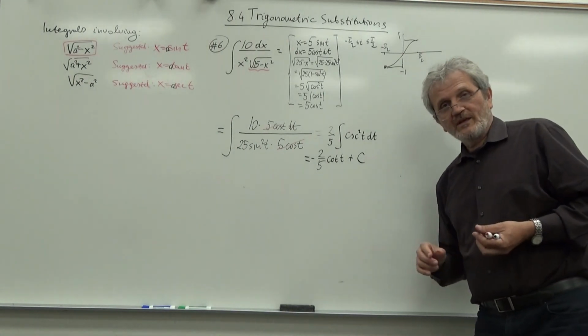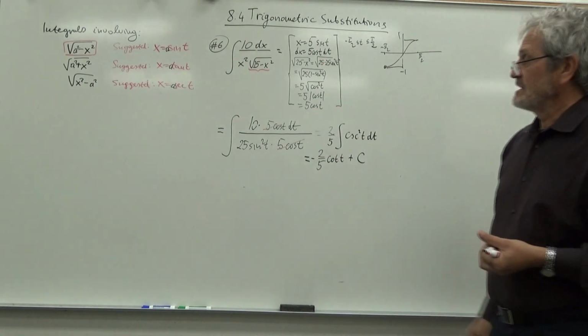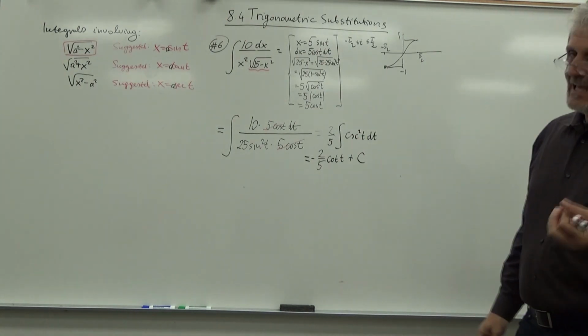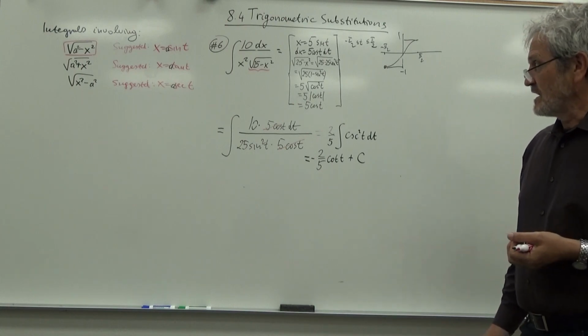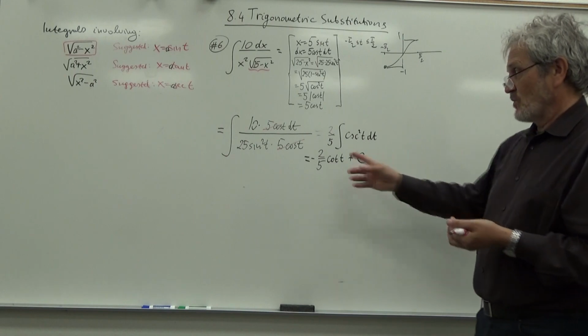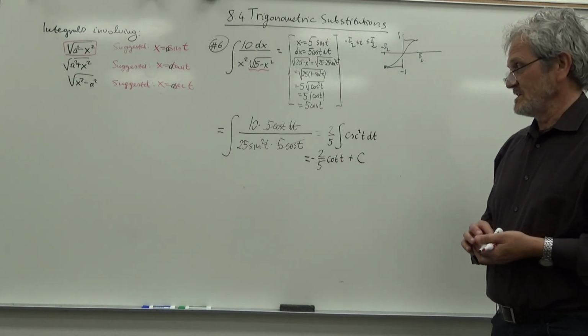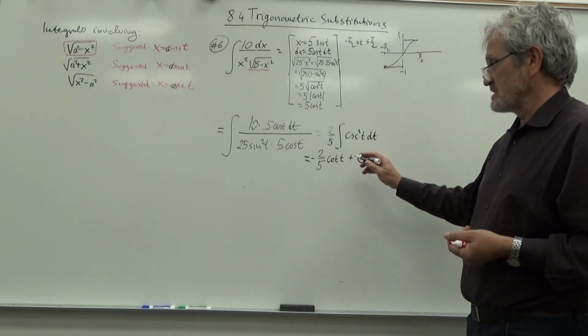Wait a minute, but we have to get back to our original variable, that is x. And that's what I've been telling you in the introduction. We know how much sine t is, but we want to know how much cotangent t is. So now our goal is to interpret this in terms of x.